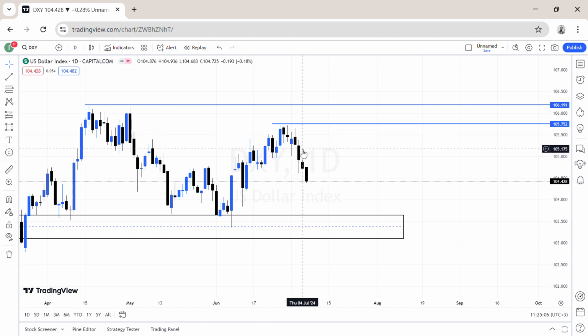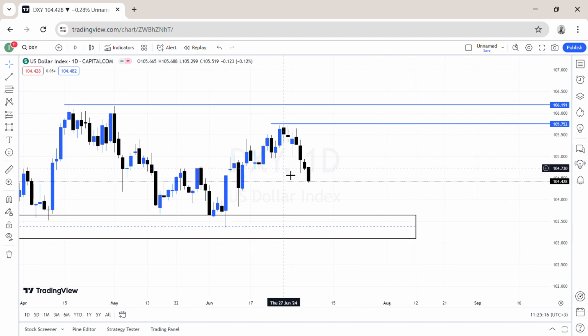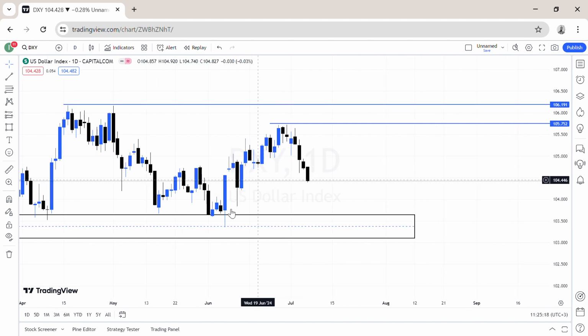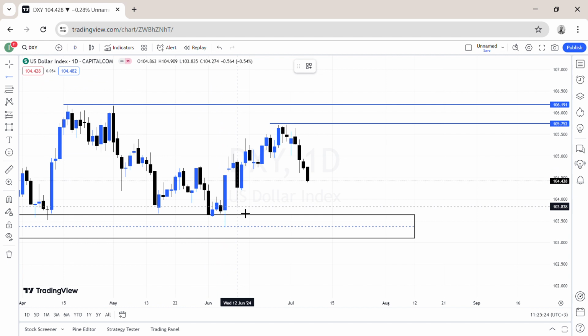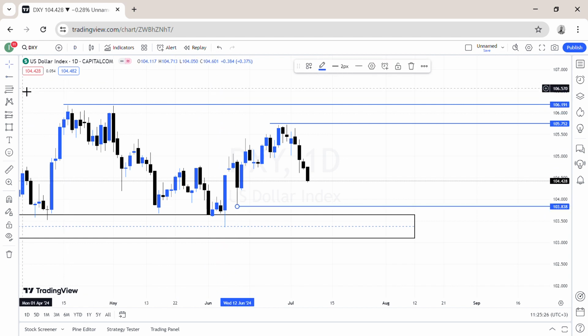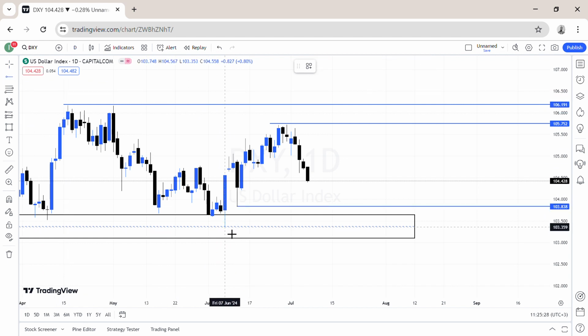So looking at this point, the only resistance we see, we have no resistance right here. The only point we see the price might be heading to is this low and this low right there.